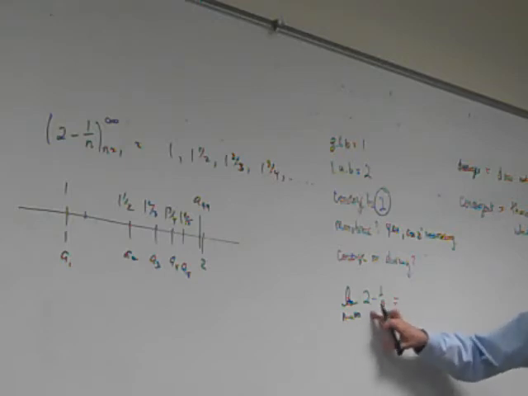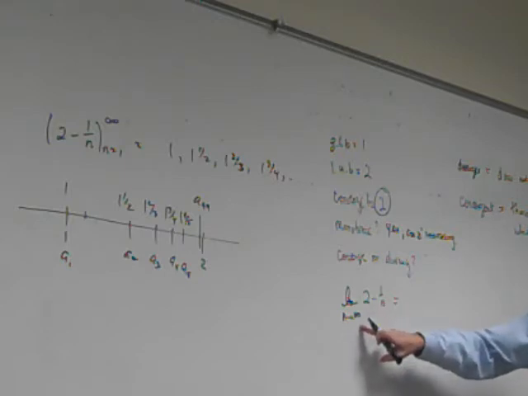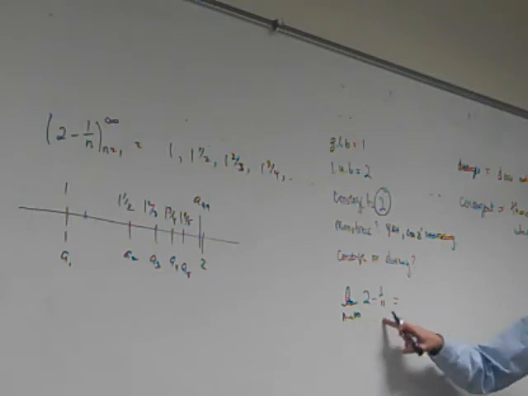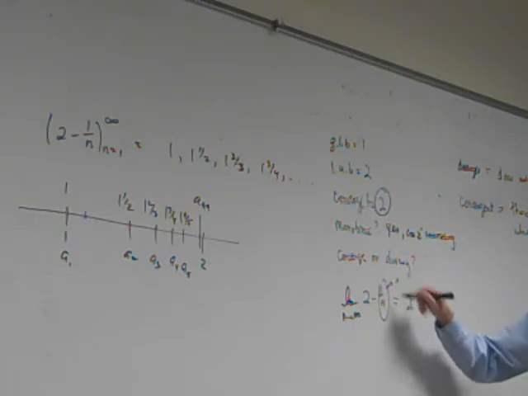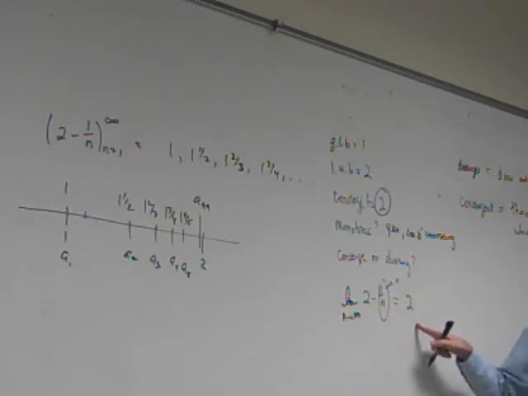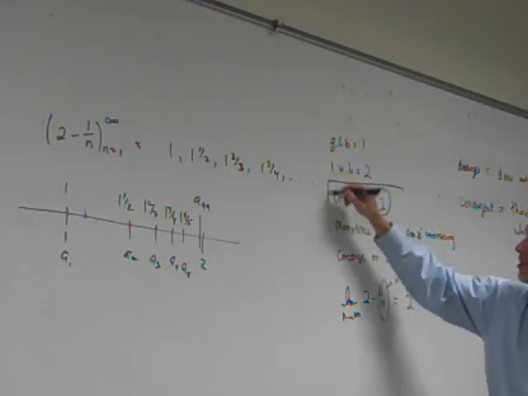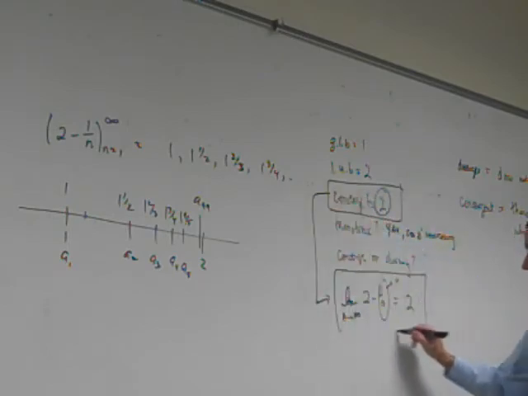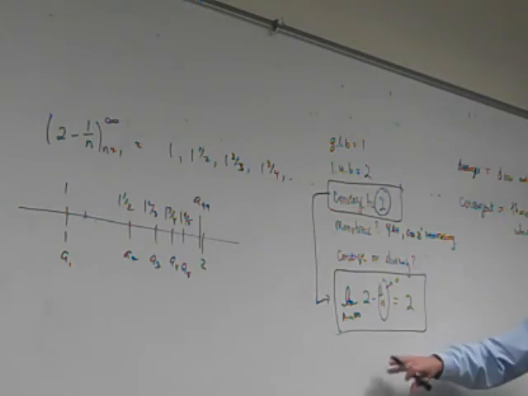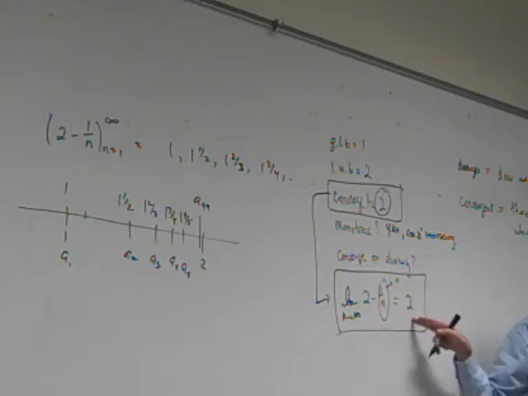What's this getting close to as n gets larger and larger? 2, right? This term's going to 0, so the whole thing's going to 2. So this converges to 2 is equivalent to saying the limit as n goes to infinity of this thing is 2. That's the same statement.